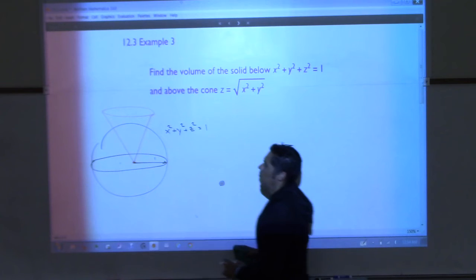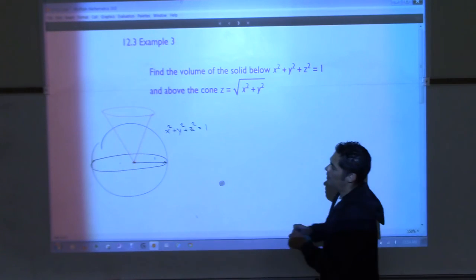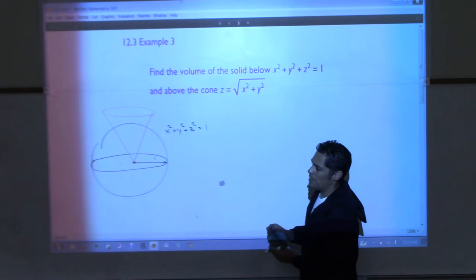Like that. We want the volume that is below the sphere, so within the sphere, but above the cone. Do you all see the solid? Inside the sphere and above the cone.